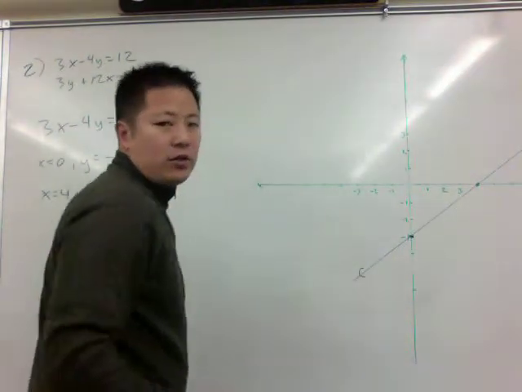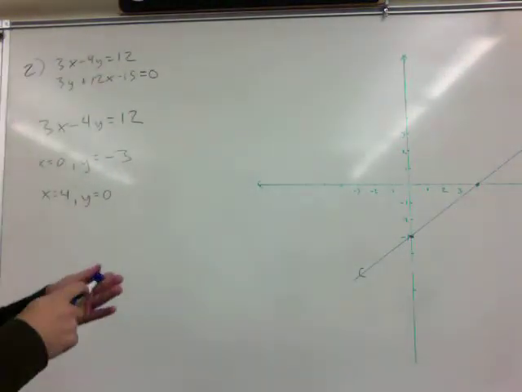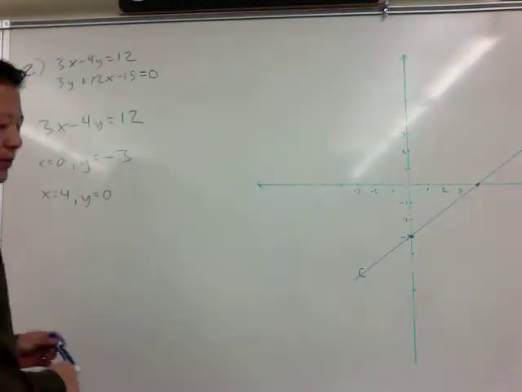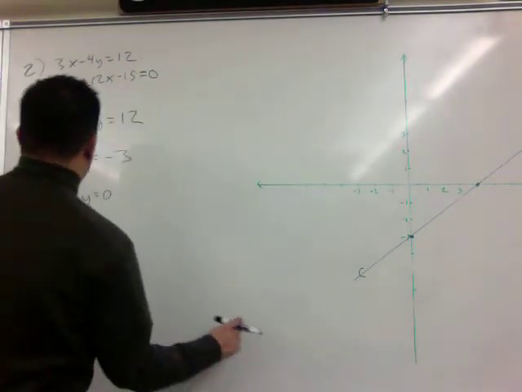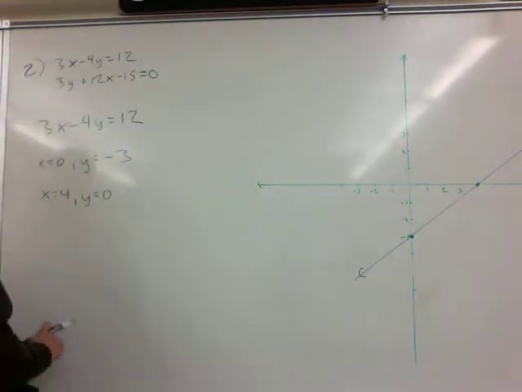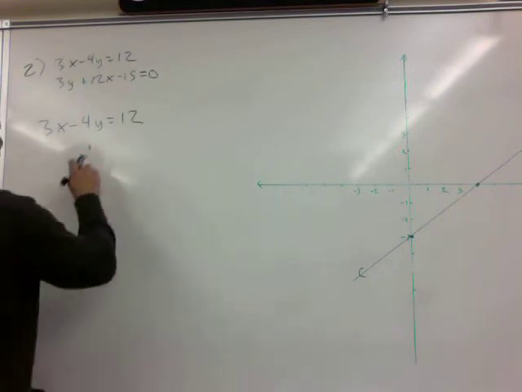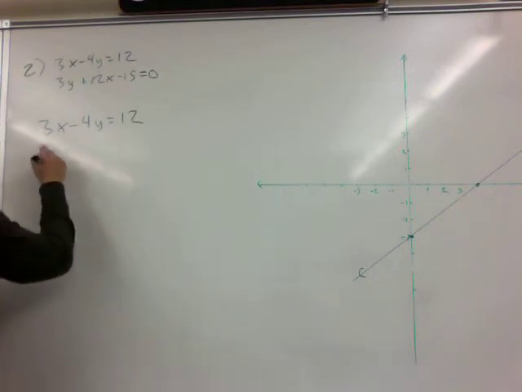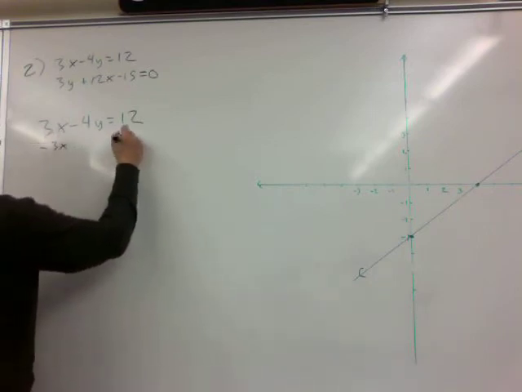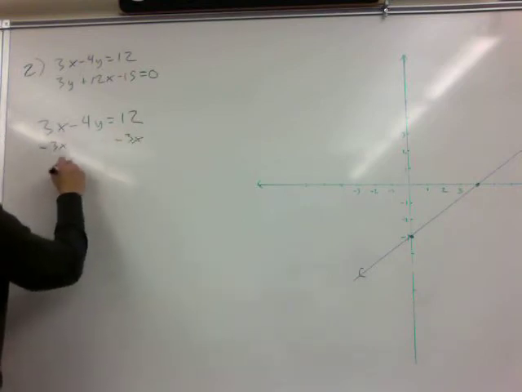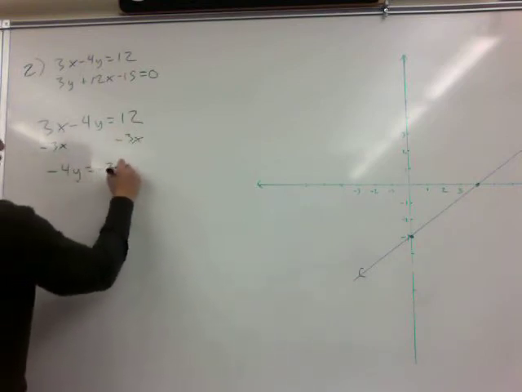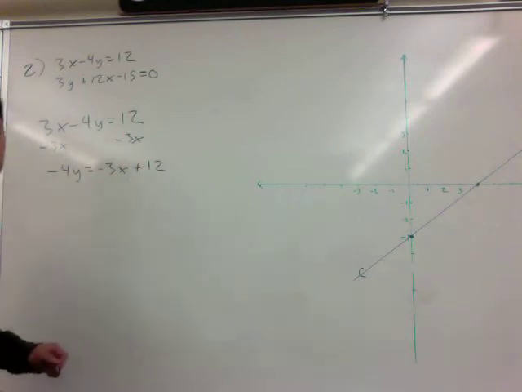The other way I can do this is to change it into y equals mx plus b form, slope-intercept form. So instead of finding the intercepts, I solve for y. I'll subtract 3x from each side. That leaves me negative 4y is equal to negative 3x plus 12.